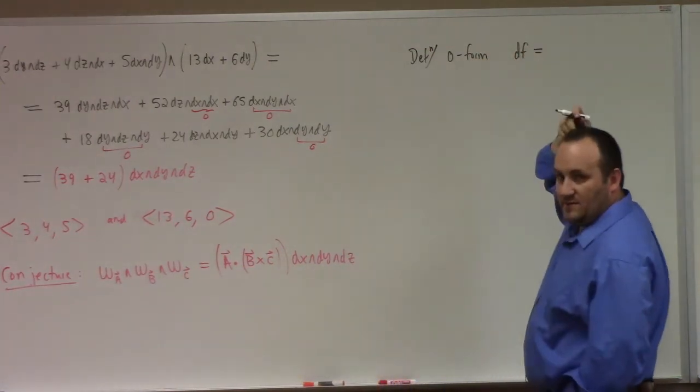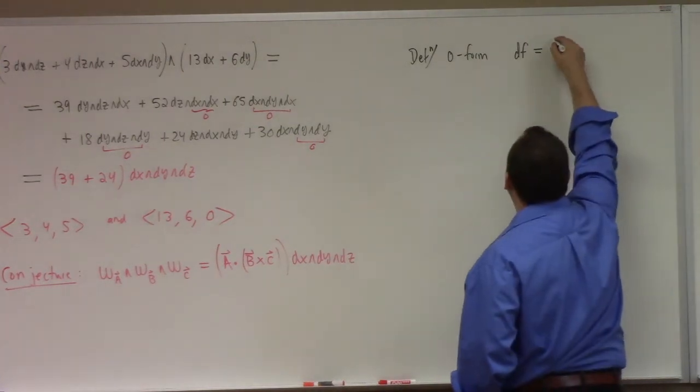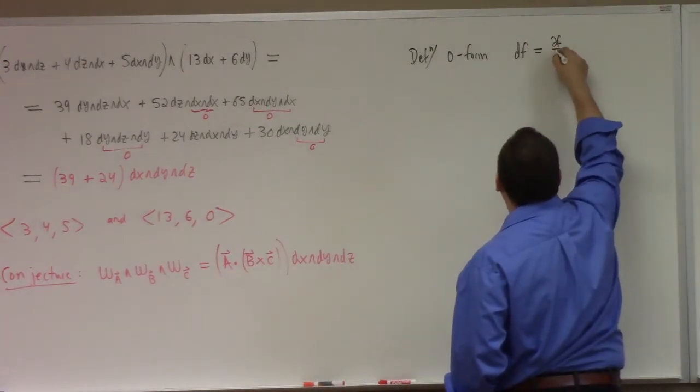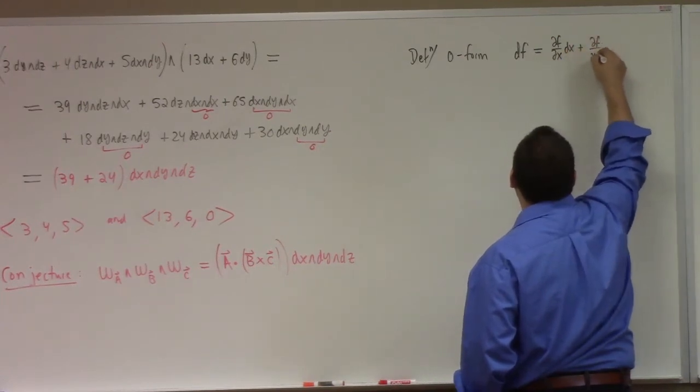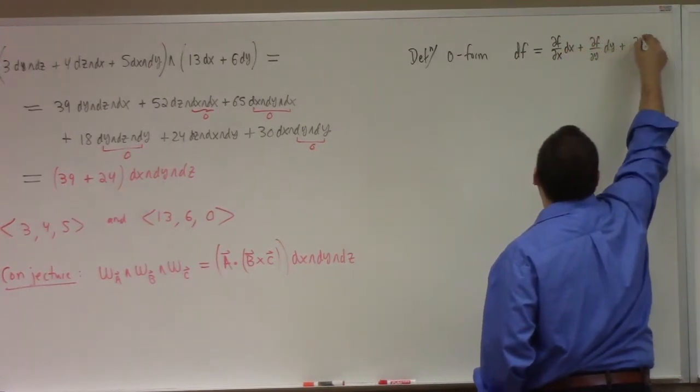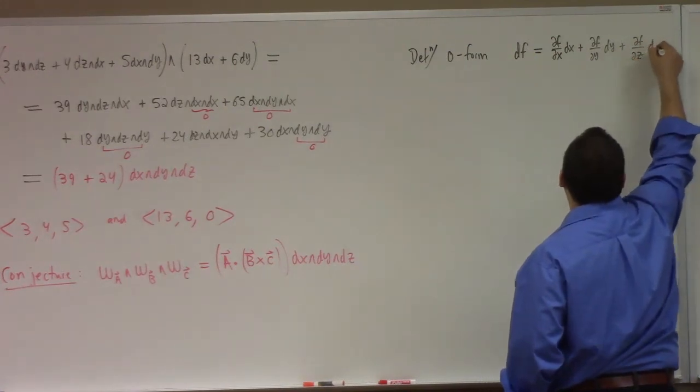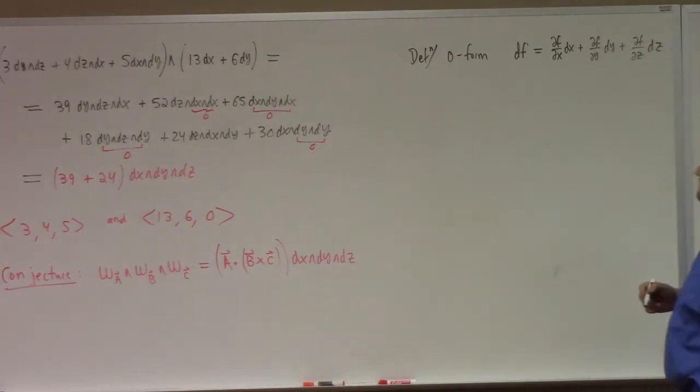You already know what that is. That's partial f partial x dx plus partial f partial y dy plus partial f partial z dz. This we already know from calculus 3. It continues to be true here.